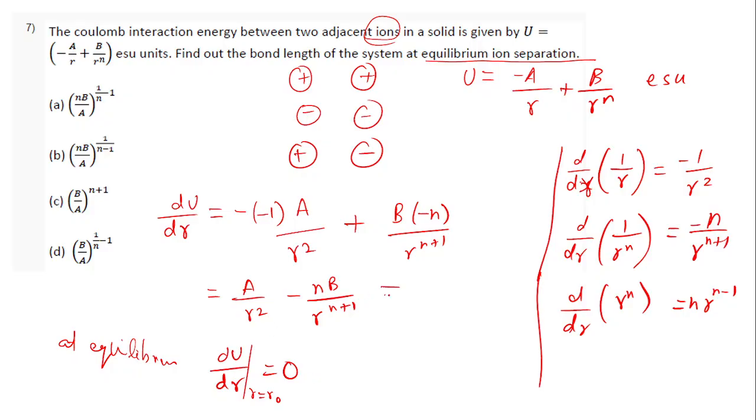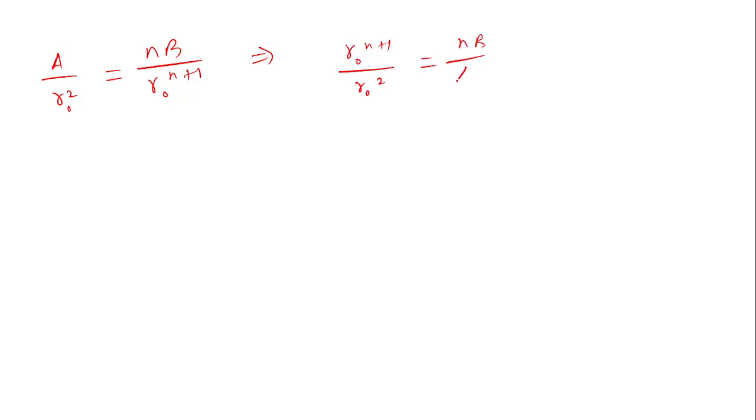So equating this to 0, what we get is a over r square. Taking the other expression to the other side, I'll get n times b over r, and after putting r equal to r naught, it will be n plus 1. Then r naught to the n plus 1 divided by r naught square is equal to nb divided by a.